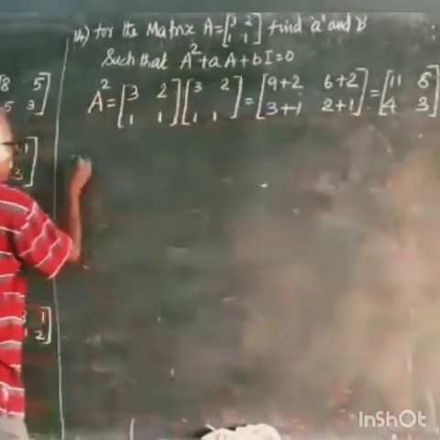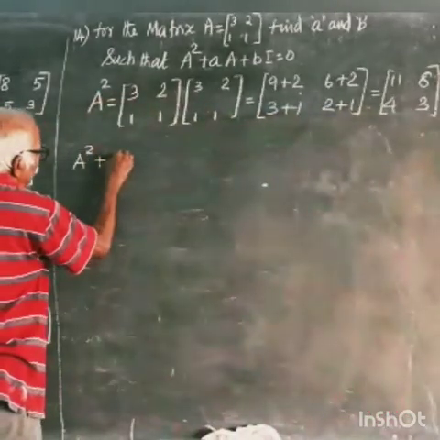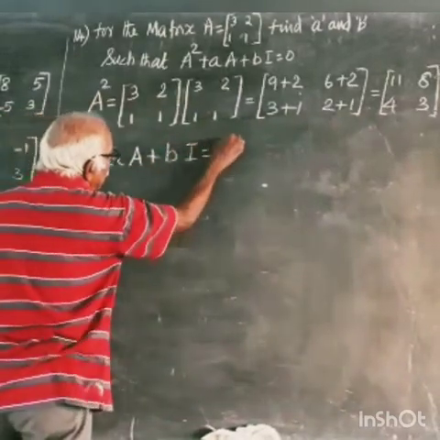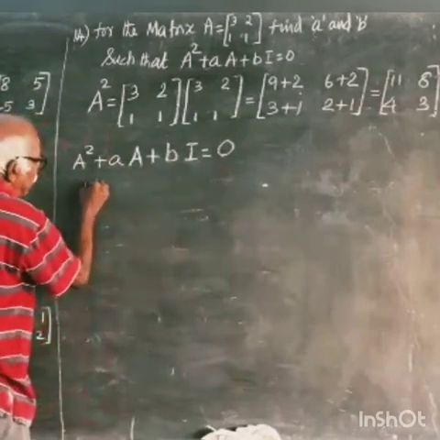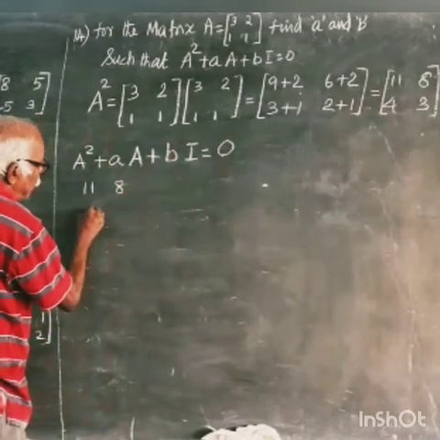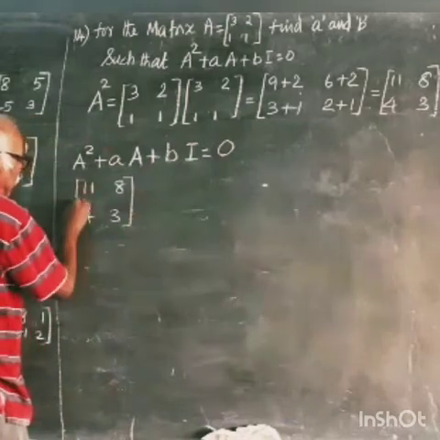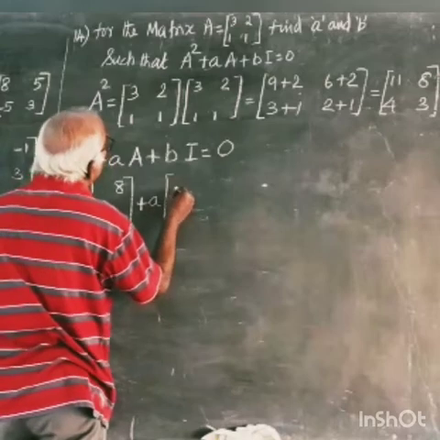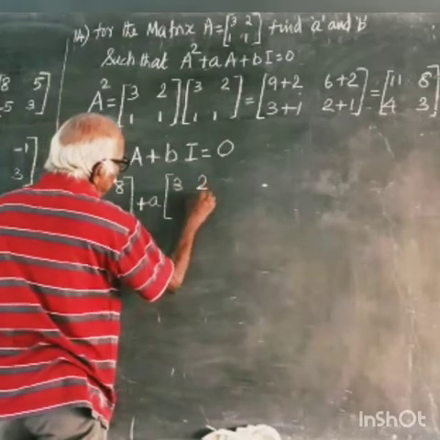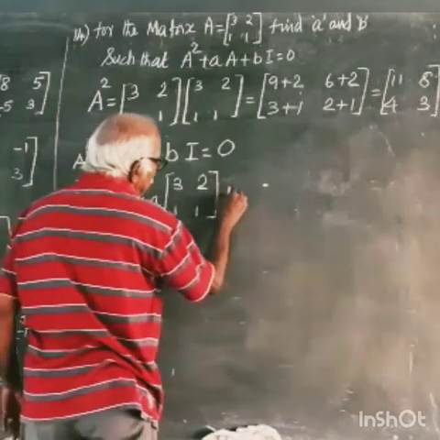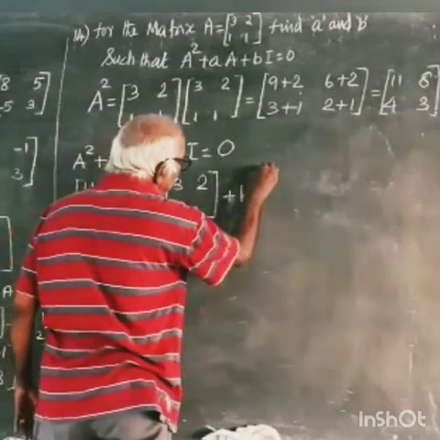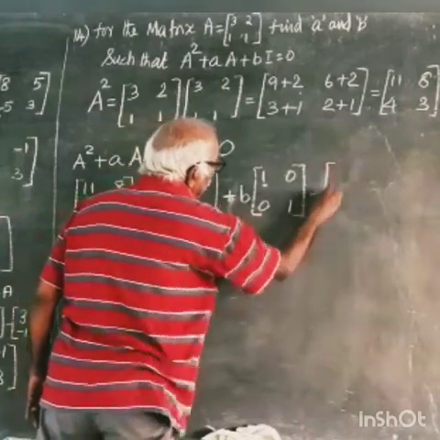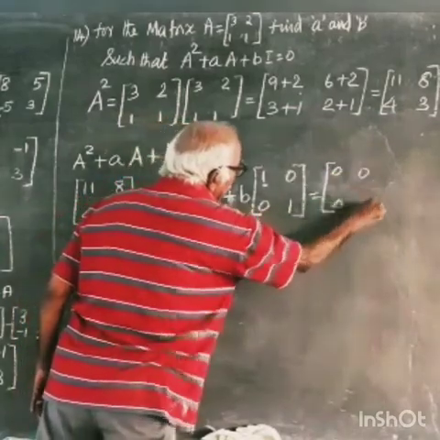Now we will find A square plus small a into capital A plus small b into capital I is equal to null matrix. A square [11, 8; 4, 3] plus a into [3, 2; 1, 1] plus b into [1, 0; 0, 1] is equal to null matrix [0, 0; 0, 0].